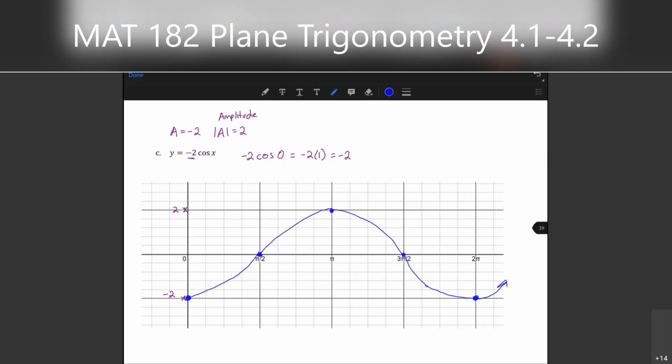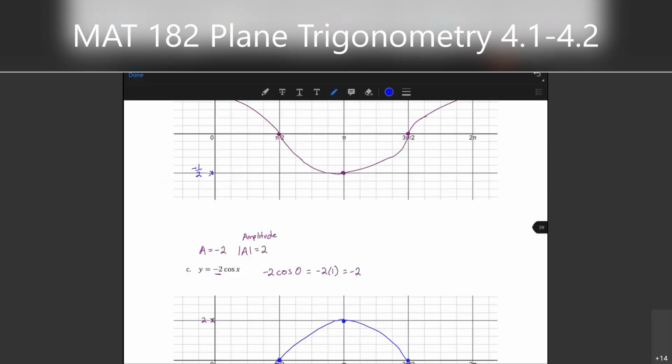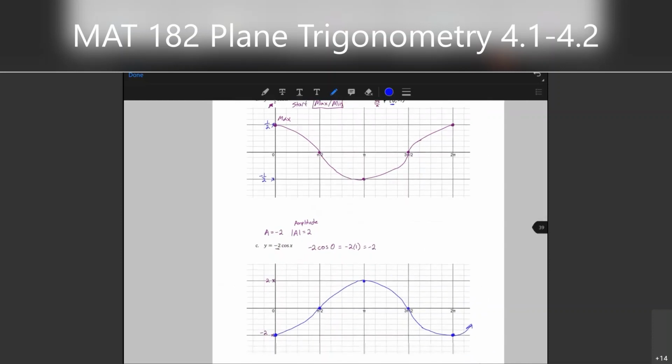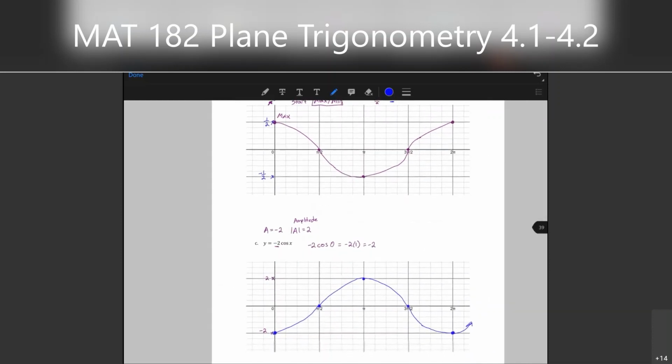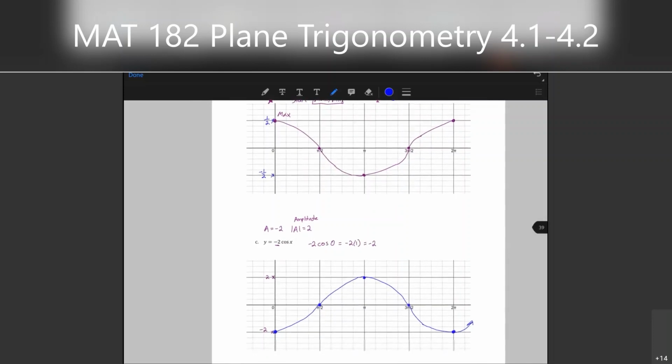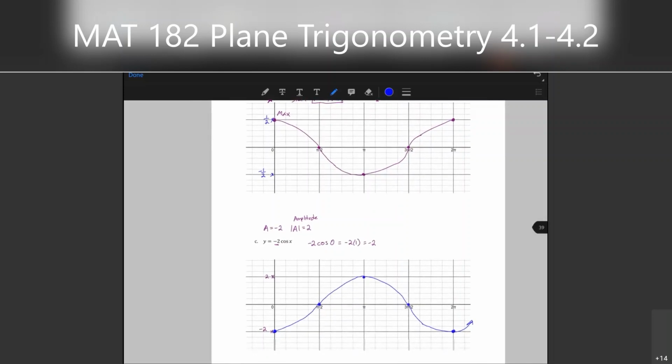If we compare these two, notice that they are flipped over the x-axis. They're a mirror image of each other, differing only in the height of our amplitude, when we have a negative amplitude.